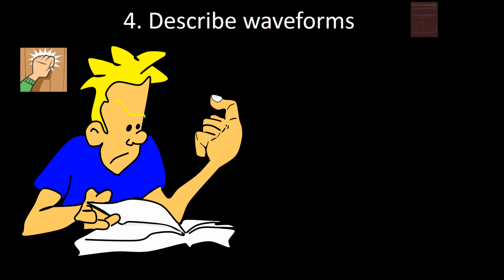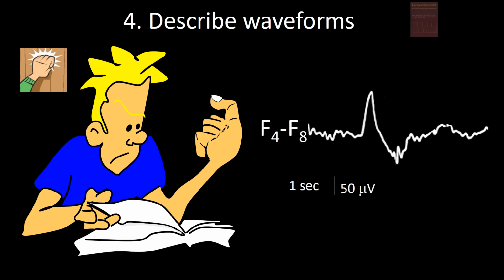The complex wave, when analyzed from F4 to F8, consists of a sharp wave with a slow component, and superimposed on the slow component there is a fast activity, as you can see in this frame.